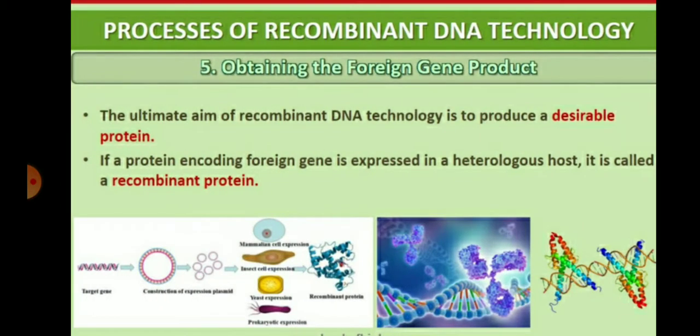And after that, the fifth process is obtaining the foreign gene product. The ultimate aim of recombinant DNA technology is to produce a desirable protein. If a protein-encoding foreign gene is expressed in a heterologous host, it is also called the recombinant protein.